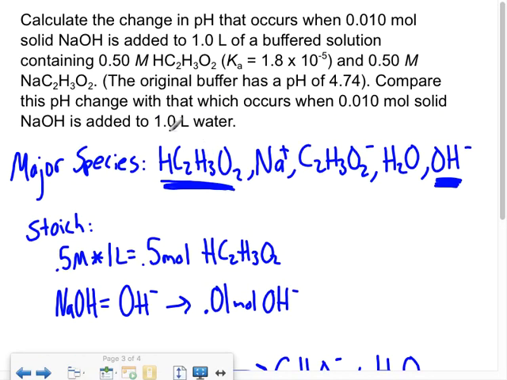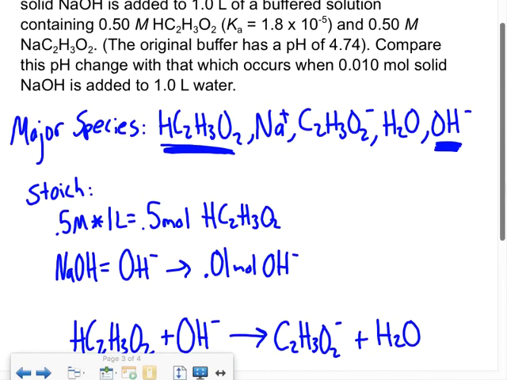It came from the sodium acetate. We had 0.5 moles in 1 liter that contains sodium acetate. So it's actually the same calculation we did for acetic acid, because it's the same molarity and the same volume. But that's just because it's the same in this problem. It's not always necessarily the same. But we can just go ahead and find that initial concentration of acetate, because it does make a difference here.